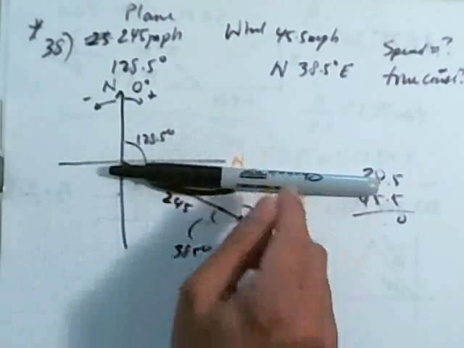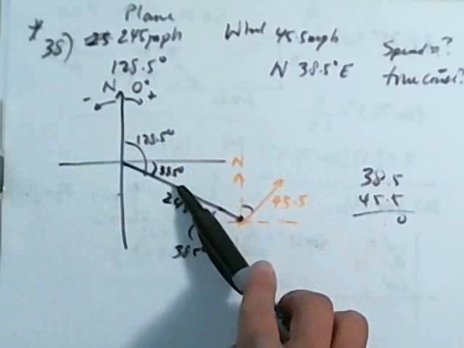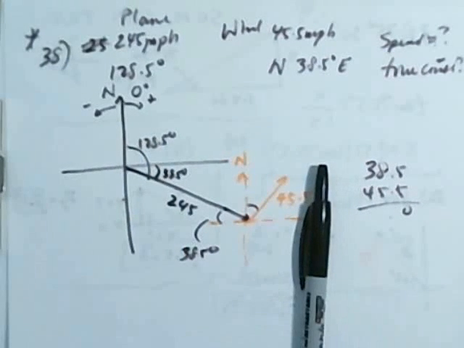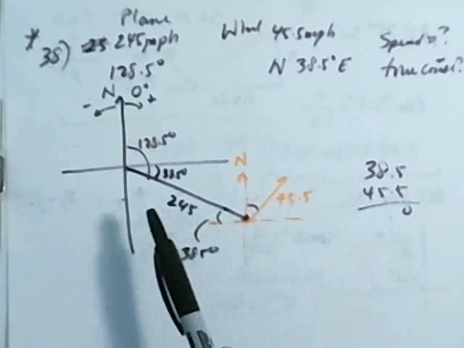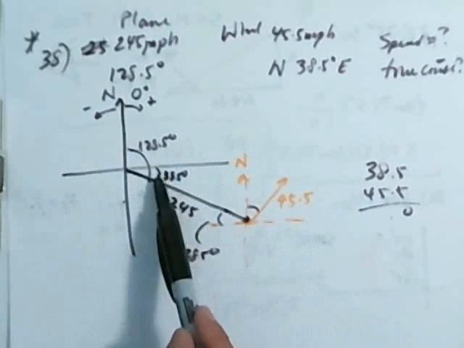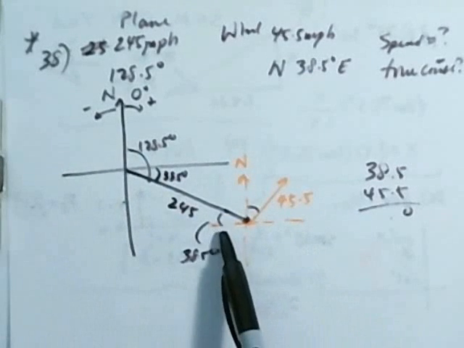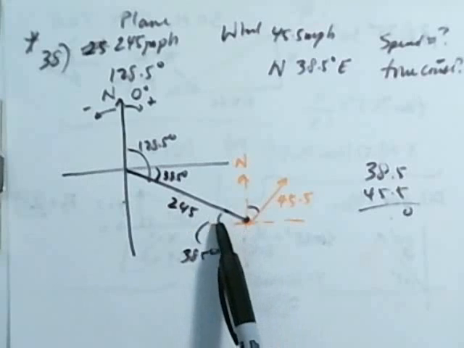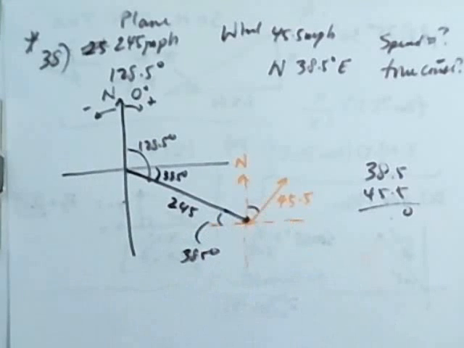It's 90 plus 38.5, which is going to be 128.5. Alternate interior angles: if I get a parallel line cut by a transversal, here's the alternate interior angle. Oh, I'm sorry, that's 38.5. I have to find the complement of that. 90 minus 38.5 is going to be 51.5.